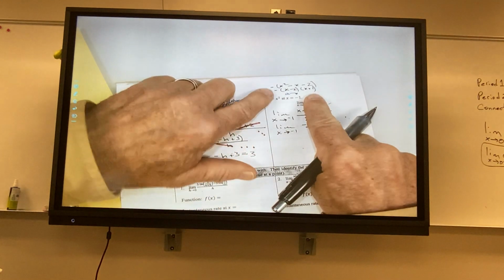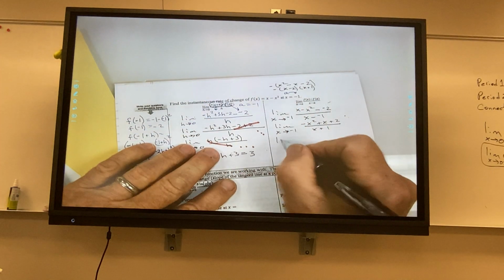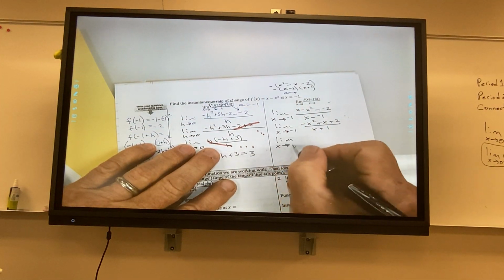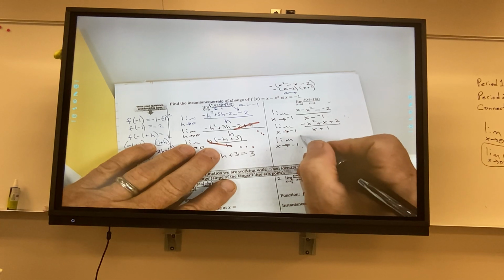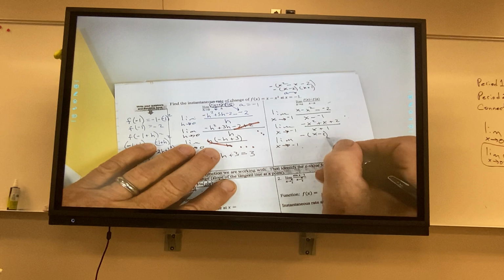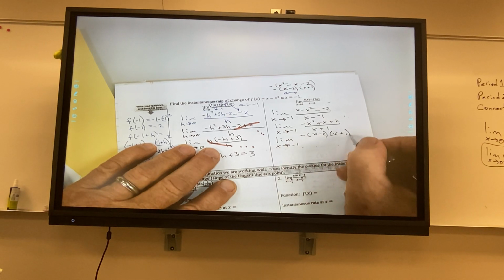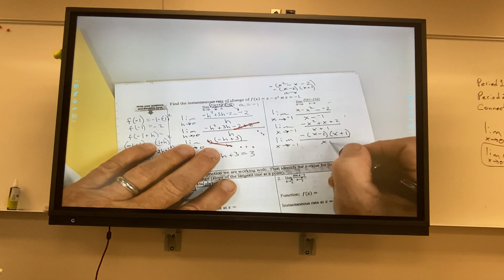Would you agree with that? Yep. So now I can write this limit as x goes to a negative 1 of a negative parentheses x minus 2 parentheses x plus 1 parentheses over x plus 1.